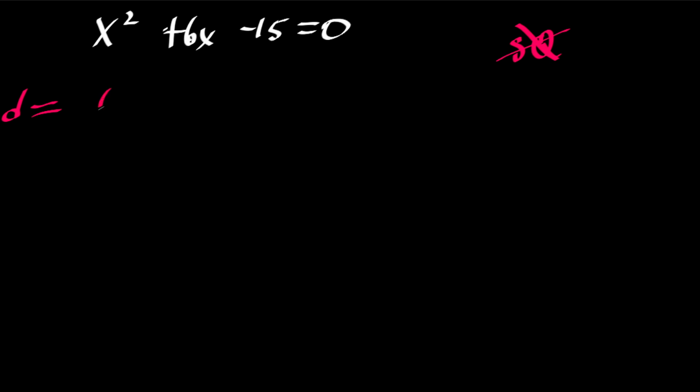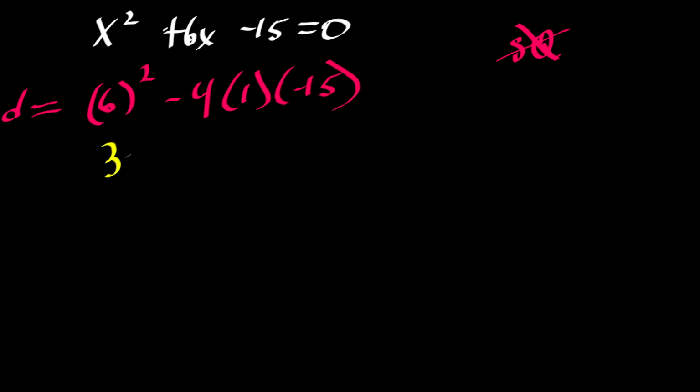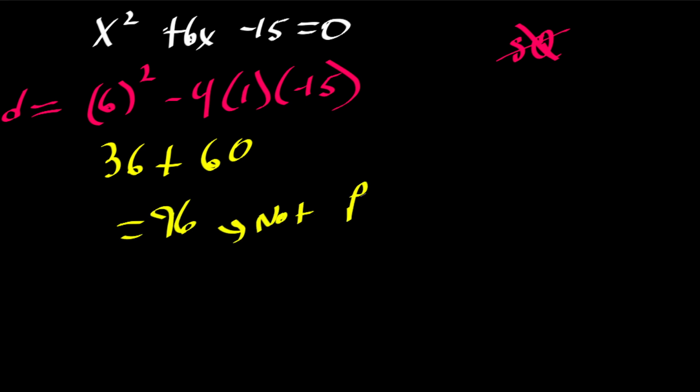So 6 squared, which is b squared, minus 4 times 1, which is a, times negative 15. Then 36 minus, that would actually be plus 60, which is equal to 96. Now, that is not a perfect square, which means I have two irrational roots.